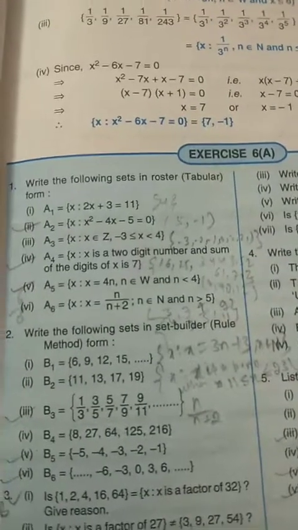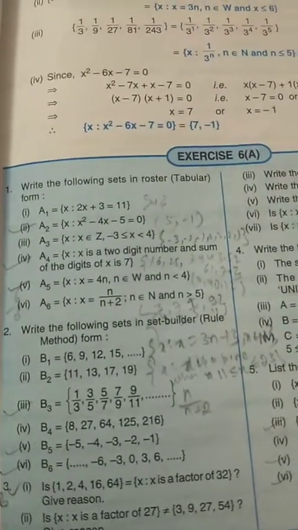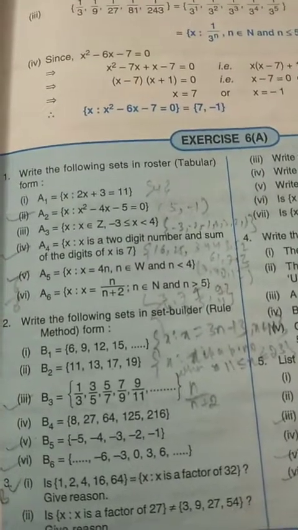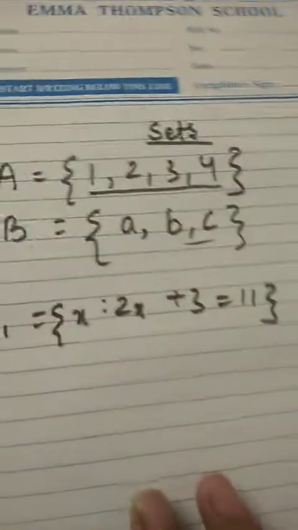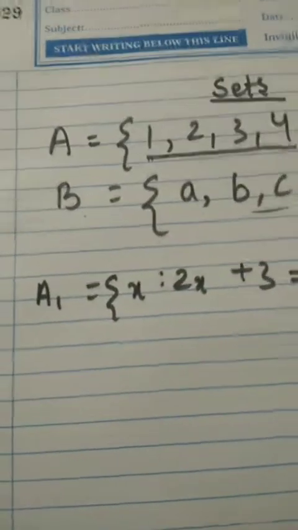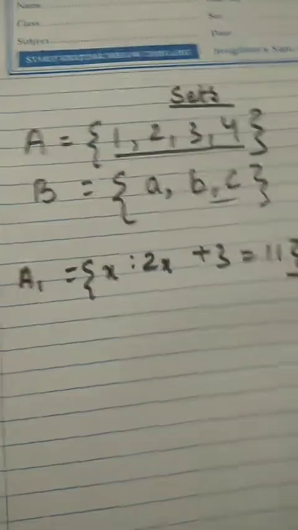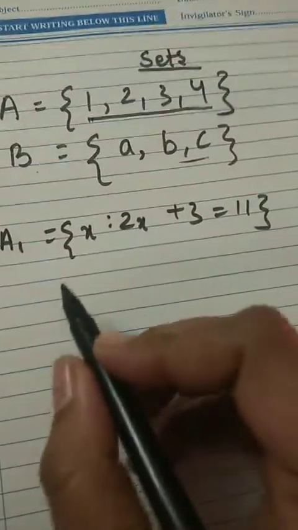A1 is given equal to X such that 2X plus 3 is equal to 11. Now we have to solve this and we have to write it in roster form, in tabular form, which means we have to write the elements of this.